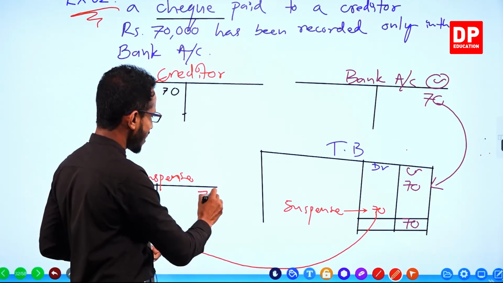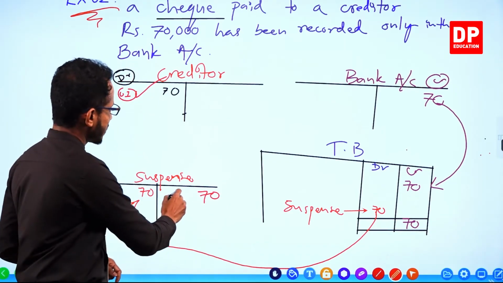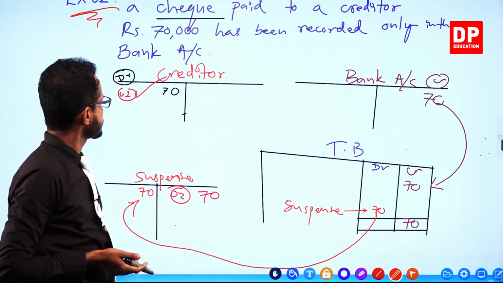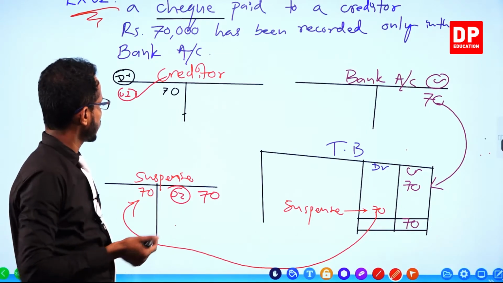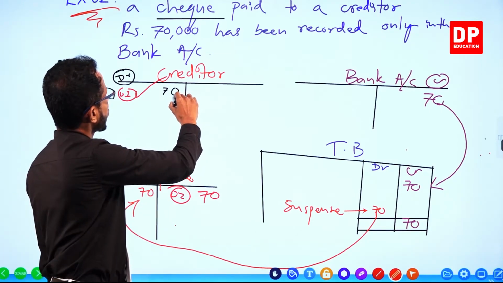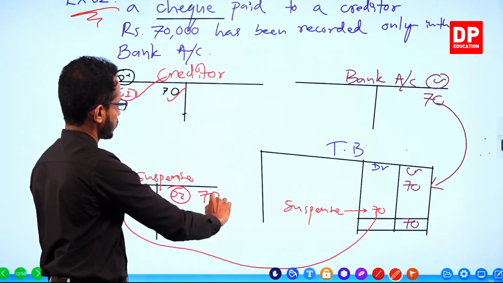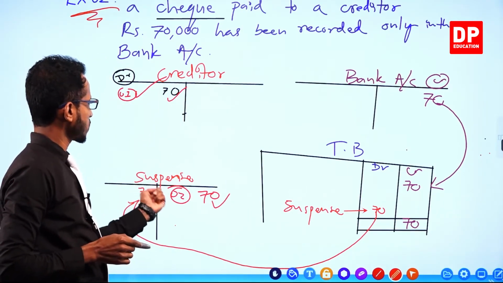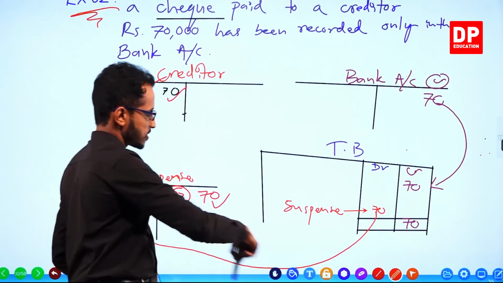So the suspense account is credited in the second entry. There you go. Creditors account debit 70, suspense account credit 70.